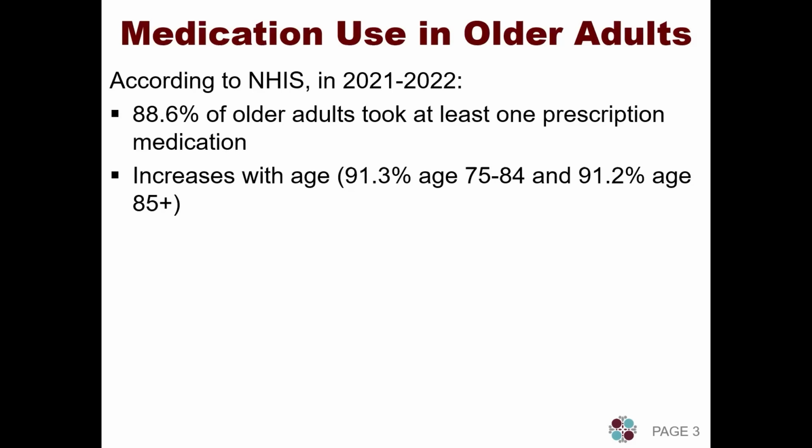And if we look at that age group even more closely and break it down, that number increases with age. 91.3% of people aged 75 to 84 and 91.2% of people aged 85 and over reported taking a prescription medication. So if you are working with older adults, it's a safe bet that they are taking some type of medication. Next slide, please.